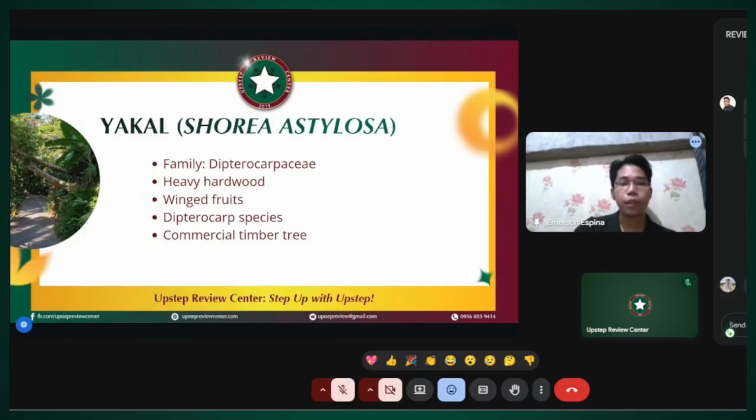And then often students confuse Yakal with Lauan. Both are from the Dipterocarp family. However, the main characteristic for Yakal is that it is usually associated with a heavier, stronger timber.